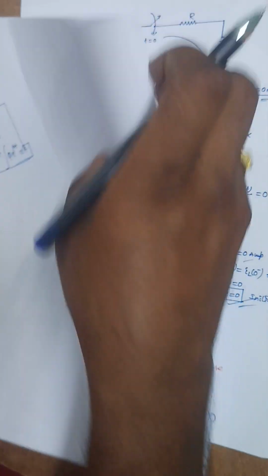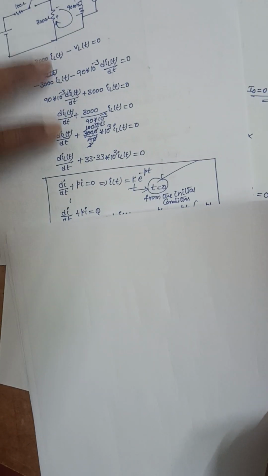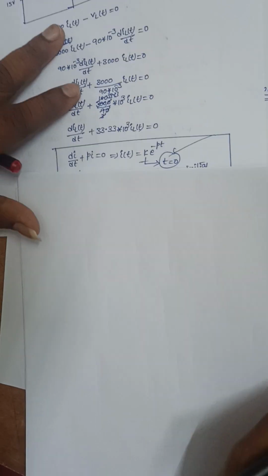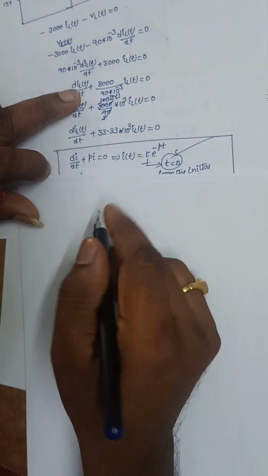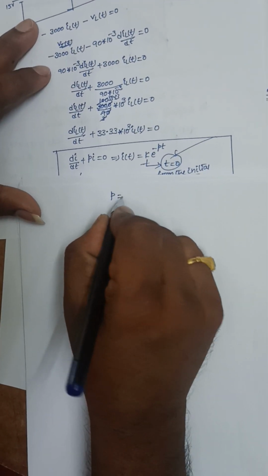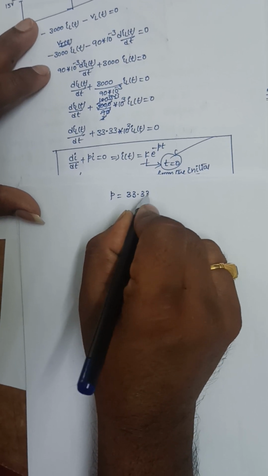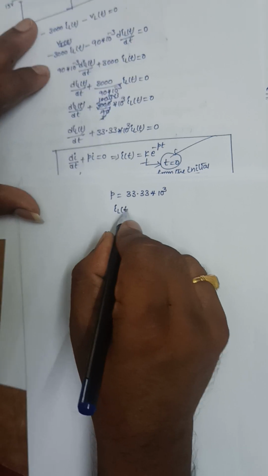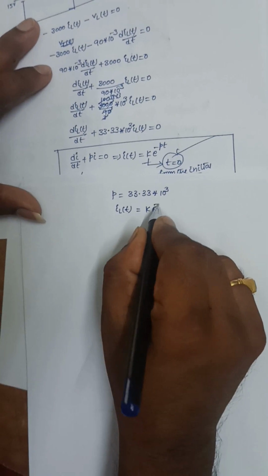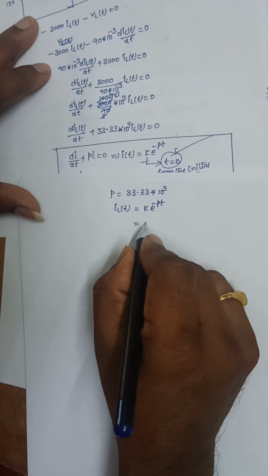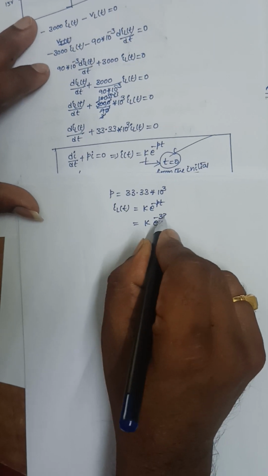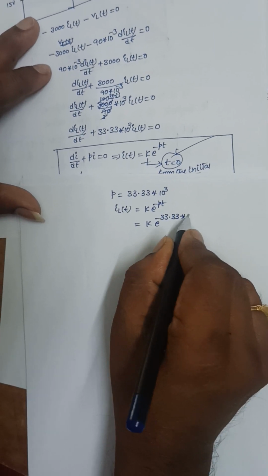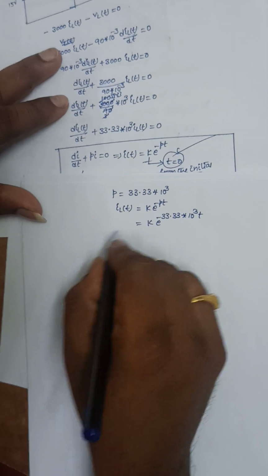Next, for this problem, p is equal to 33.33 into 10 power 3. So IL of t is equal to k into e power minus 33.33 into 10 power 3 into t.